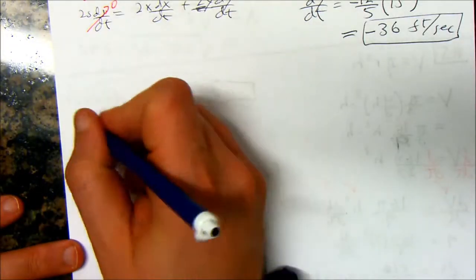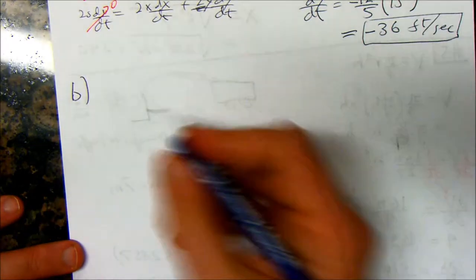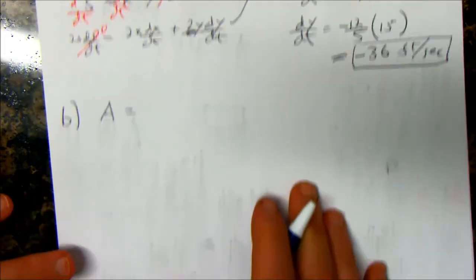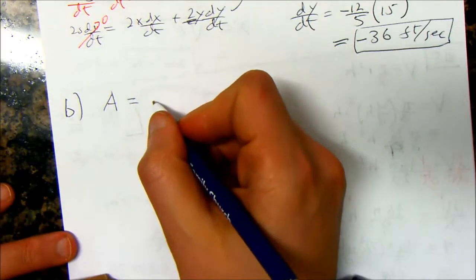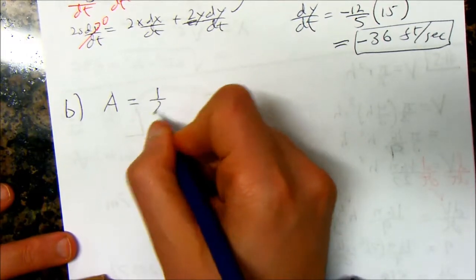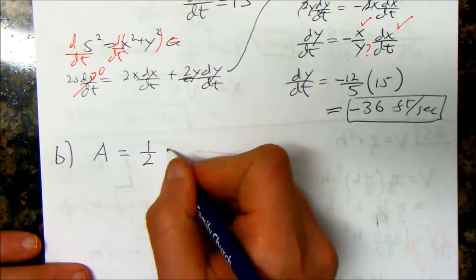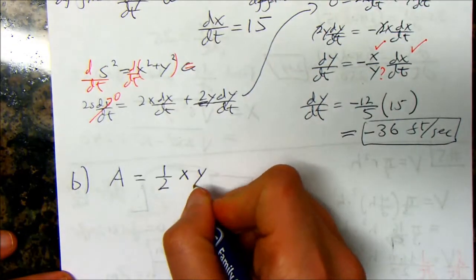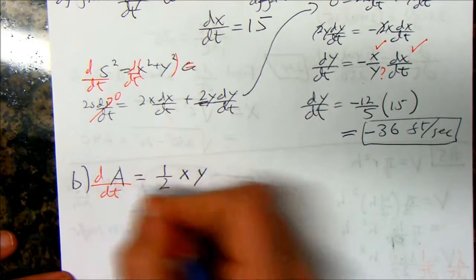Alright, part B says how quickly is the area changing. So area, that was the hardest part, by the way, I think. The area is equal to 1/2 the base of this triangle, but what's the base? It's x. So let's write that, x, times the height of this triangle, which is y. Now let's take this derivative, dA dt.